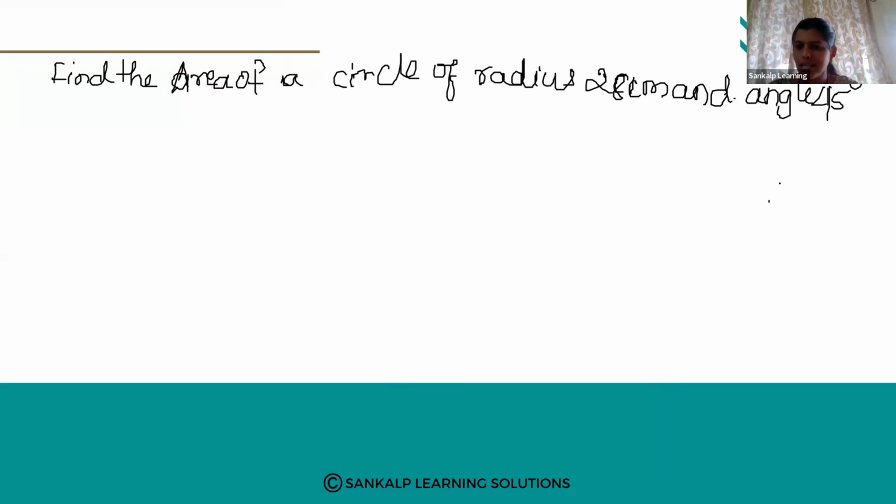That means, see here, one circle is there and one sector is there. So OAB, this part, is a sector. Here the angle formed is 45 degree and the radius is 28 centimeter. So now you have to find the area of this sector.